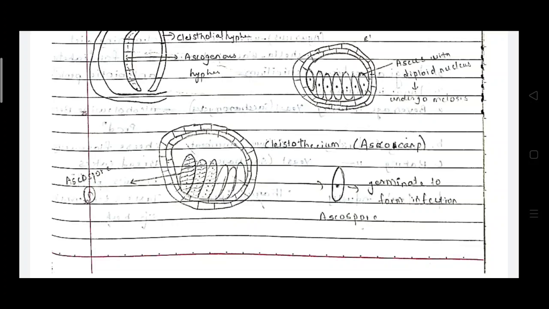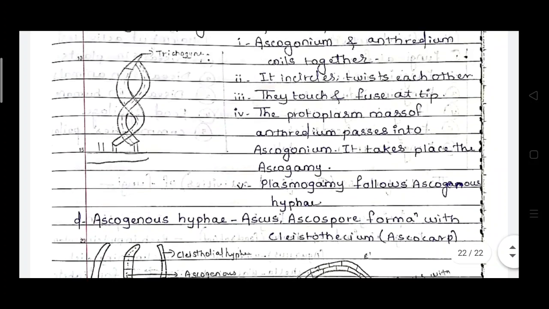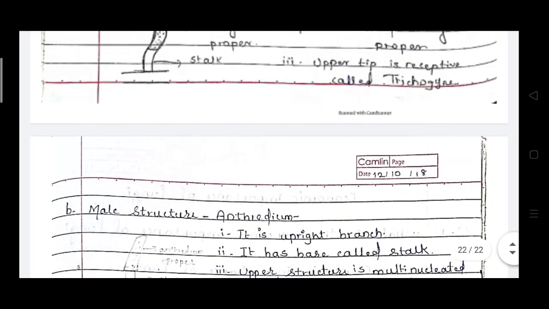These ascospores germinate and produce the infection, that is the mycelium growth. In this way sexual reproduction takes place in Aspergillus.